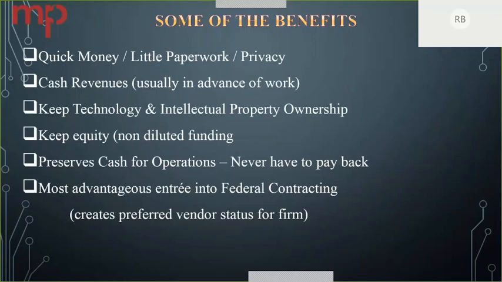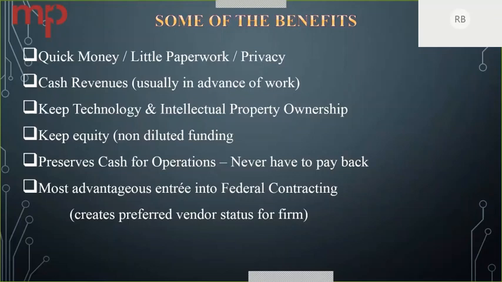The money that you get from the agency is non-diluted, and they don't want a piece of the money back or a share of the action, like an angel investor or a VC or somebody. It preserves cash for operations. You keep your cash, whatever you have, for operations, and you never have to pay it back.